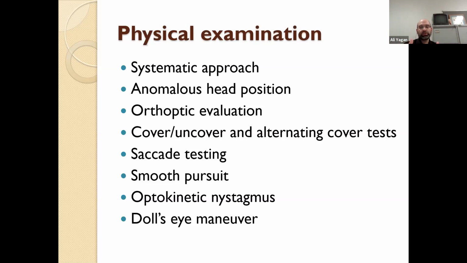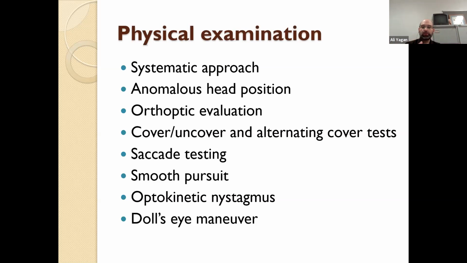Some of the steps that you do, for example, the cover-uncover test, where you're looking primarily at the primary position. So what happens to the eyes in the primary position, if there is a manifest or a latent deviation, when you're doing your cover-uncover test, and you can measure that with prisms. And then you ask the patient to move quickly from one target to the other, so you test saccades. Then you ask them to move slowly.